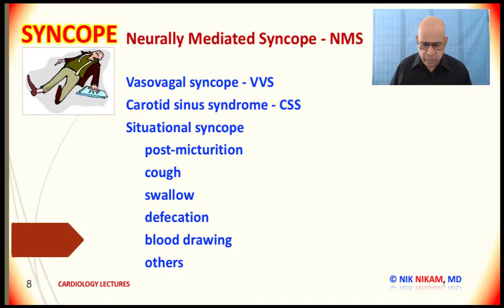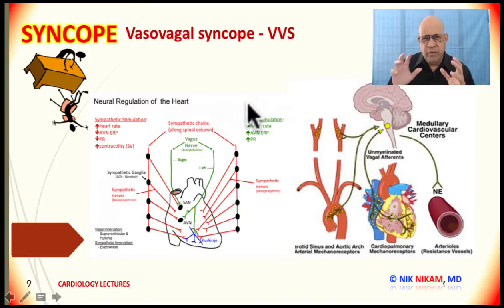That's the common faint. Now let's try to understand what is this parasympathetic overflow that is causing all this havoc in these patients with vasovagal syncope. As we know, we have the sympathetic and the parasympathetic systems that control a lot of functions in the body, and particularly in the heart, in terms of the heart rate, the heart rhythm, and the vasomotor tone.